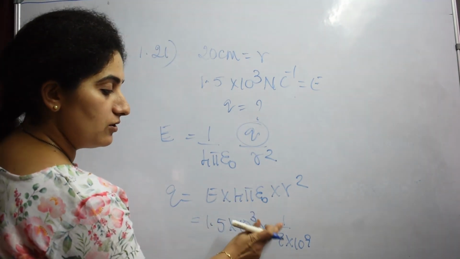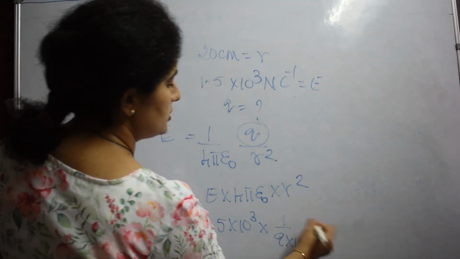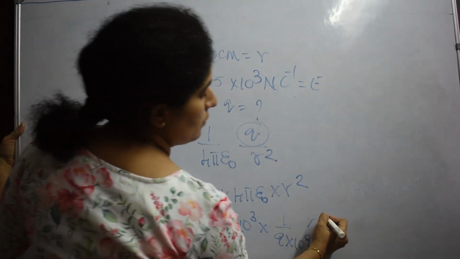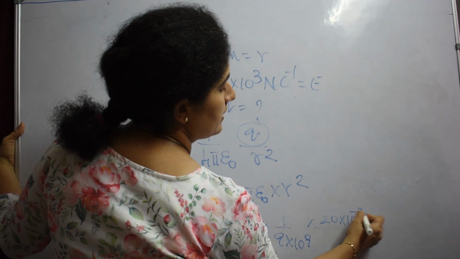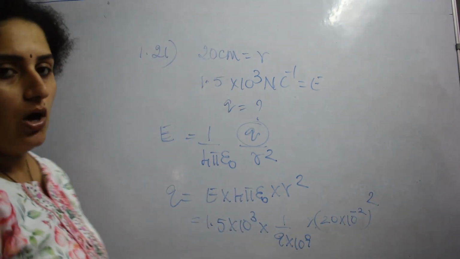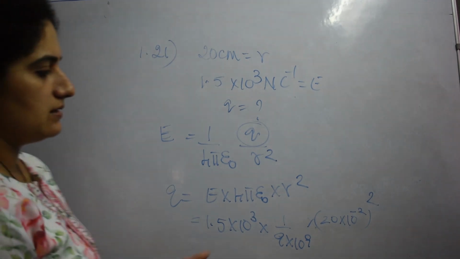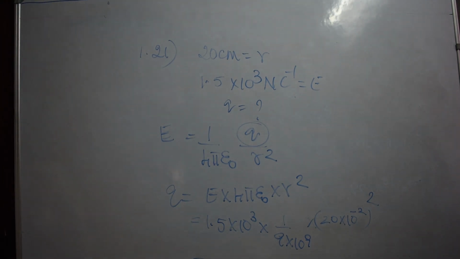So 4 pi epsilon naught will be 1 by 9 into 10 to the power 9 into R, which is 20 centimeter, so 20 into 10 to the power minus 2 whole square, or you can directly write it as 0.2 whole square. Again, I think the answer comes out in nanocoulomb.